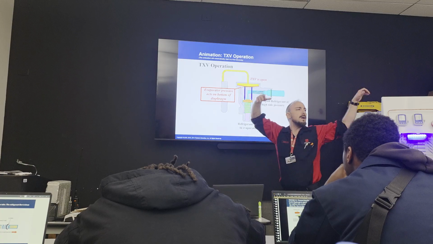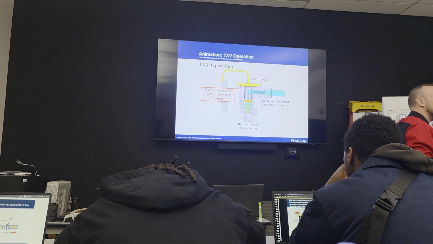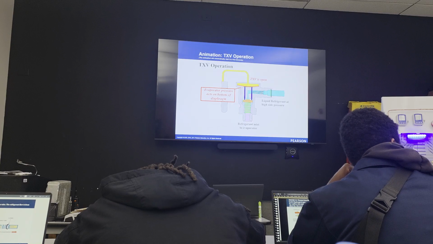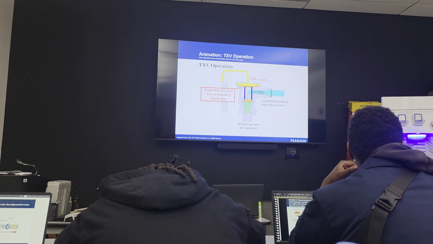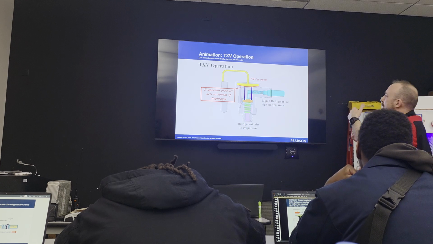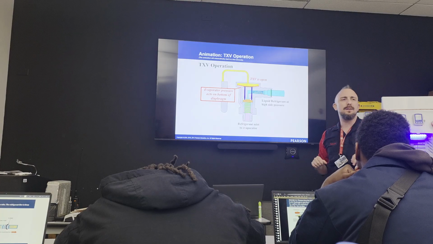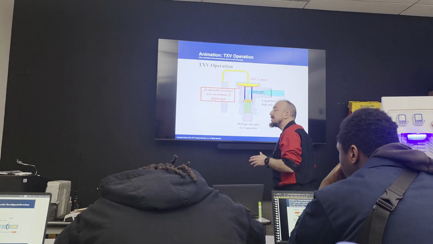Temperature goes up. If you got a high heat load in the system, folks, would you want more refrigerant flowing through the evaporator or less? High heat load equals more refrigerant. So we need to open this valve up a little bit. Not a lot. I mean, it's going to open a tiny little bit. But it's enough.